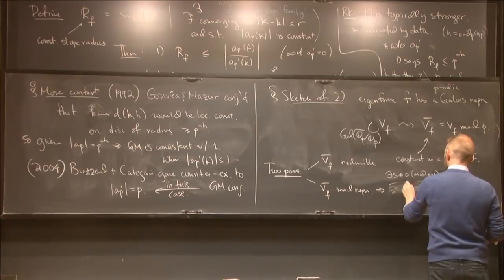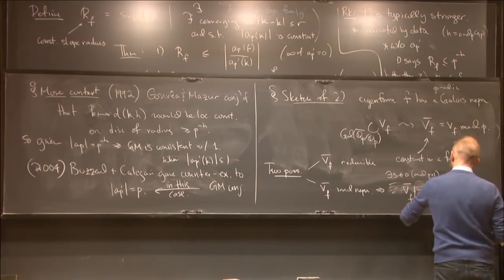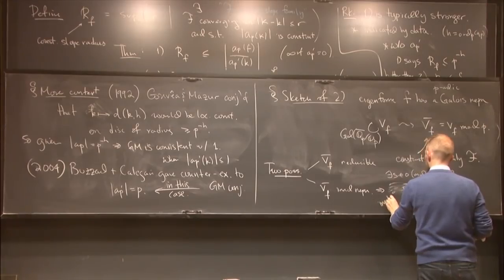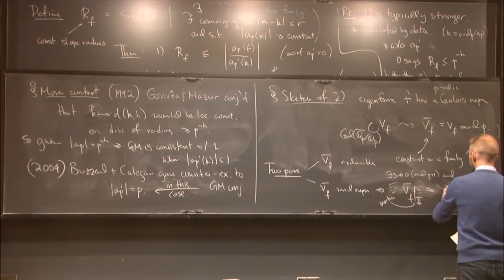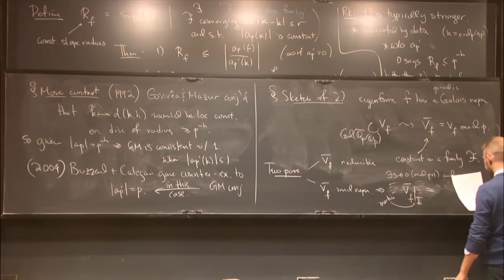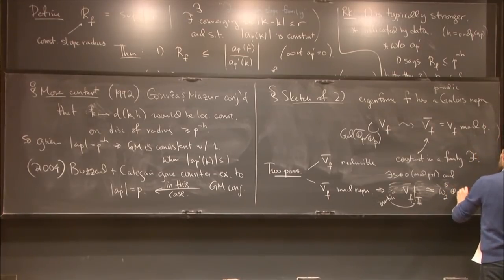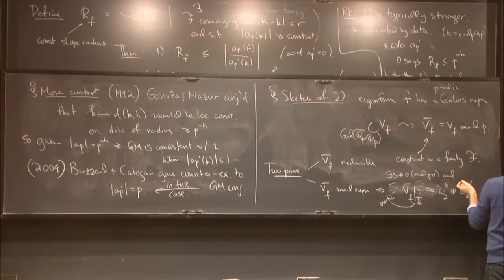And the restriction to inertia, let me just write it, I, is a sum of two characters, omega 2 to the s plus omega 2 to the s times p, where omega 2 is a level 2 fundamental character of inertia.